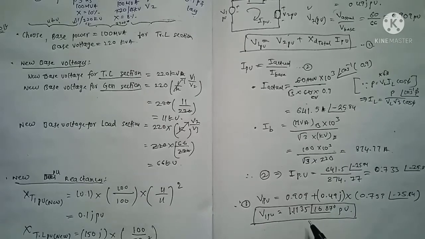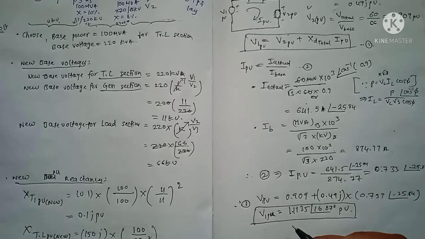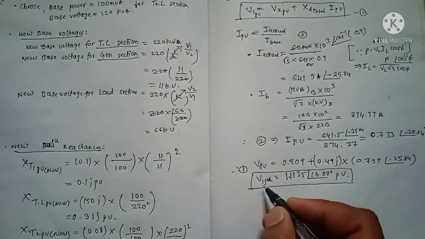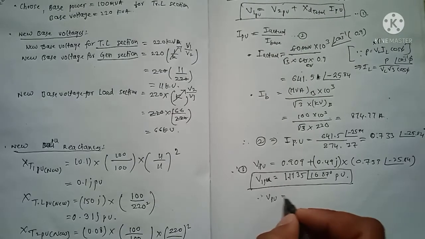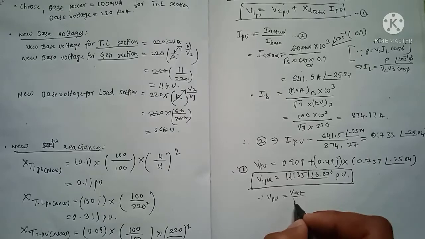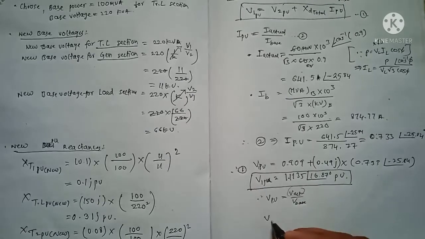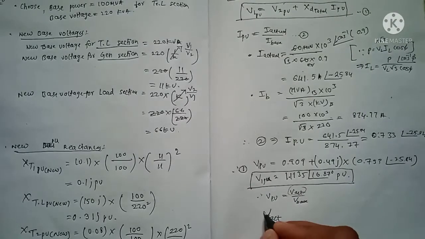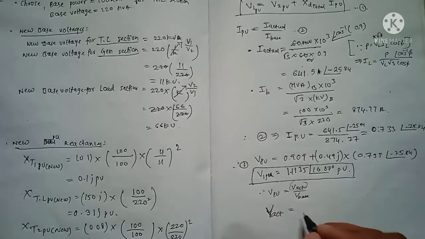We got the final answer in pu, but we have to keep this in actual values. To convert to the actual value, since we know that V pu, whatever it may be, is equal to V actual divided by V base, we now need V actual. Therefore V1 actual is equal to V pu multiplied by V base.